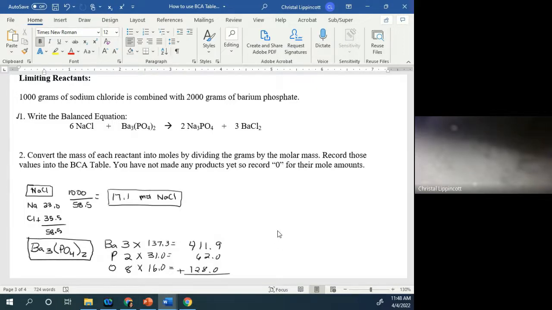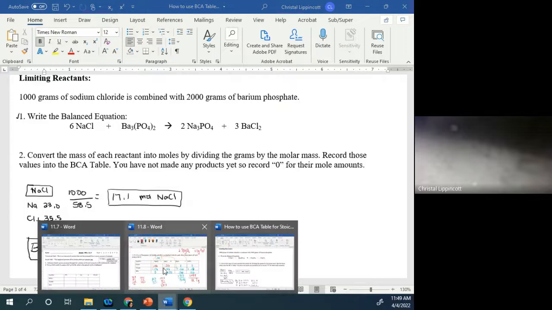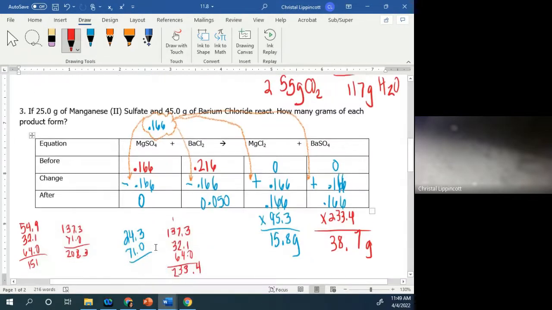So you have to figure out what your molar mass is for manganese sulfate. This was my molar mass for manganese sulfate. I added together, oh, this is magnesium. This should be manganese. I had that wrong. The math still comes out the same, but I guess over here my answer would be a little different. Sorry about that.